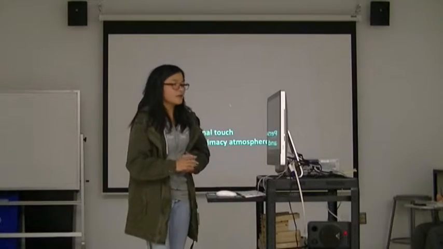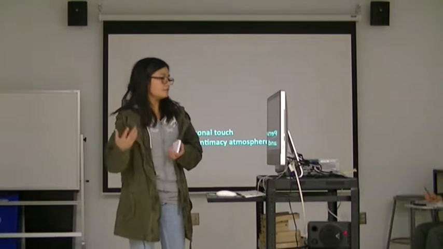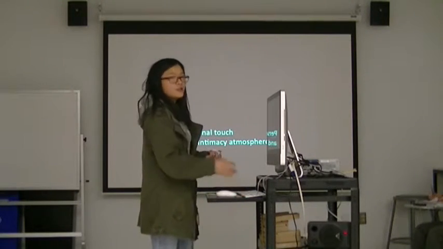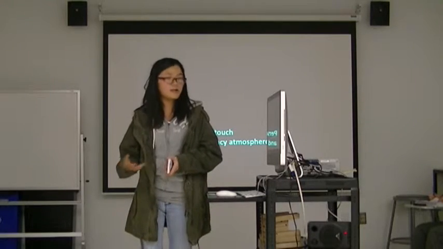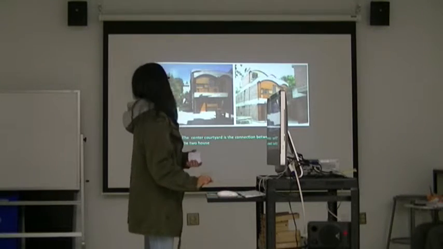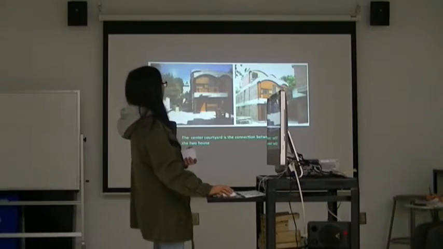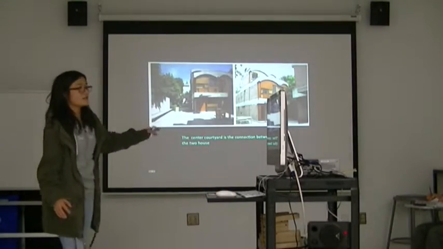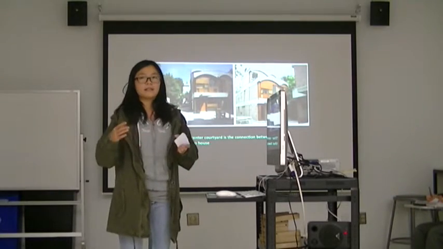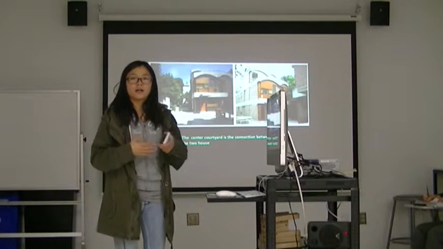The second character in his design is create the intimacy atmosphere in this building, and all this design shows the personal touch. You can see here the white part is the central courtyard, because these two buildings are put in a 90-degree shape.